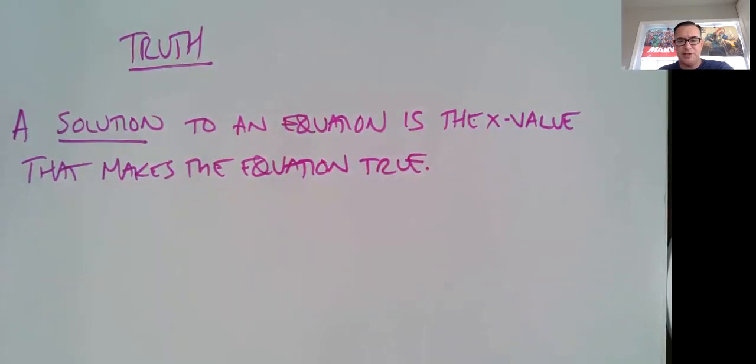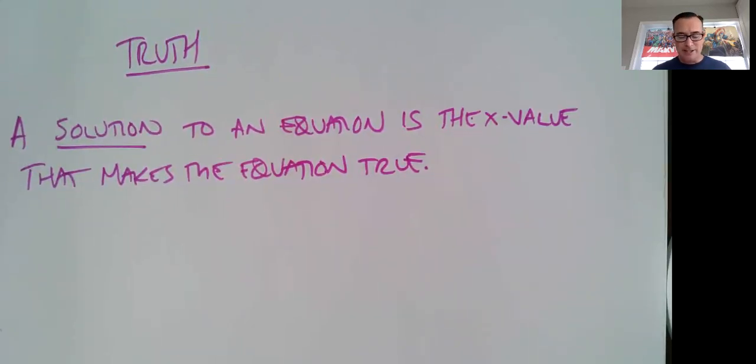When we talk about making the equation true, I dig the idea of truth in your humanities classes like English and social studies, because they're fun thoughts about saying what's true, what's not true, what is a half truth. And those are great thought processes to go through. When we talk about stuff in math, truth is very black and white. Truth does not have a whole lot of gray area.